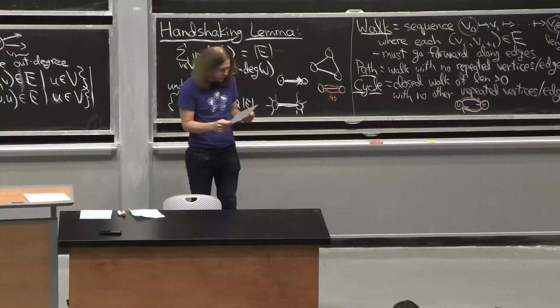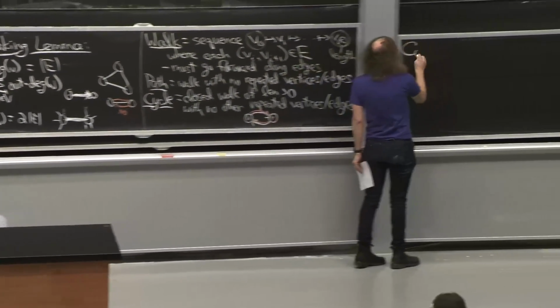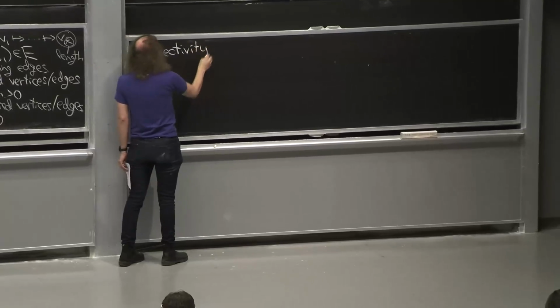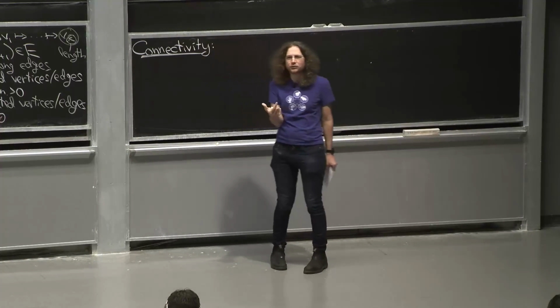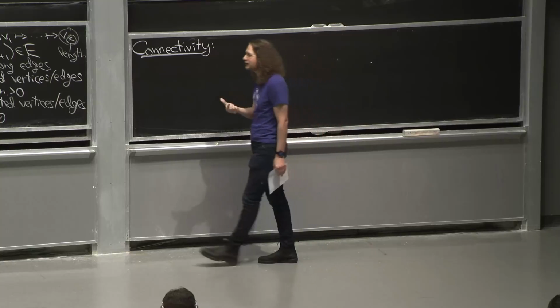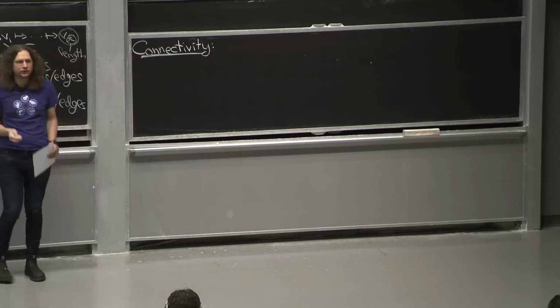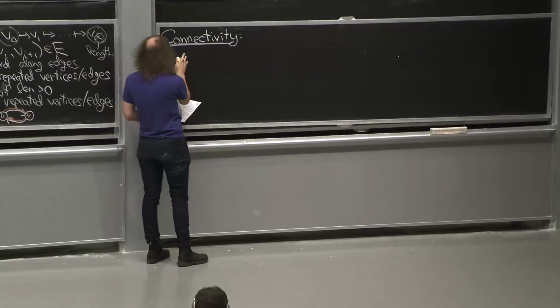All right, let's move on to connectivity. Before, we had a nice notion of u and v being connected to each other, and it was symmetric. U is connected to v if and only if v is connected to u. Now, it's no longer symmetric. And we're going to use a different term for it to make that clear.